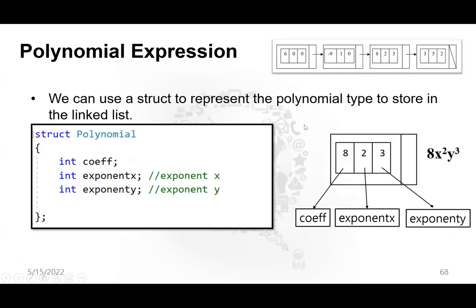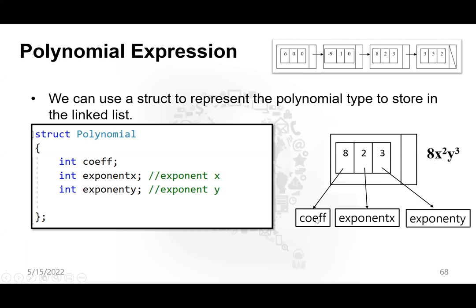First I need to create a structure to represent the coefficient, the exponent x and exponent y inside the polynomial expression. So I will create this struct polynomial where inside I have three members. The coefficient represents the 8, for example, to represent this 8x power 2 y power 3.